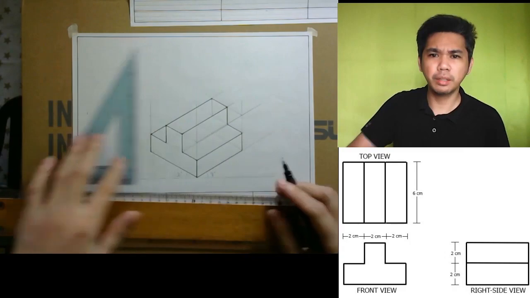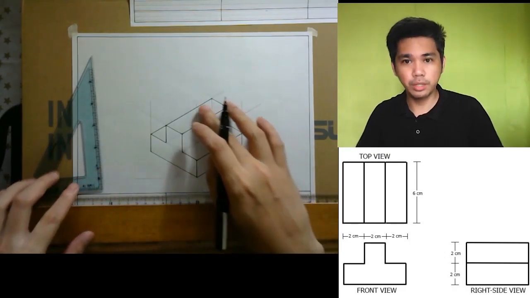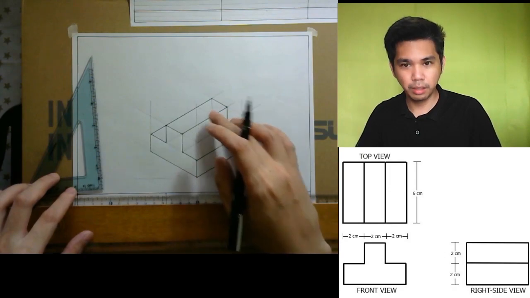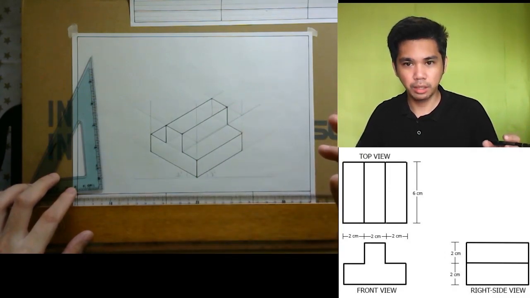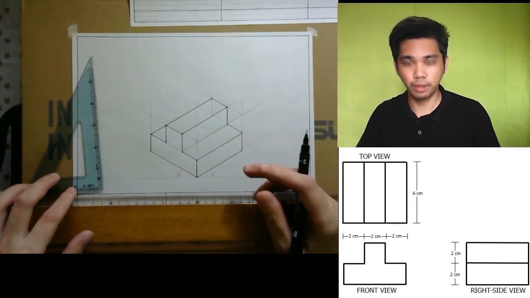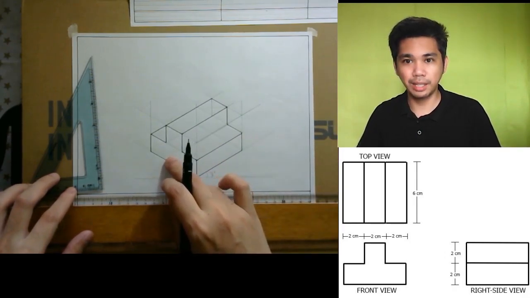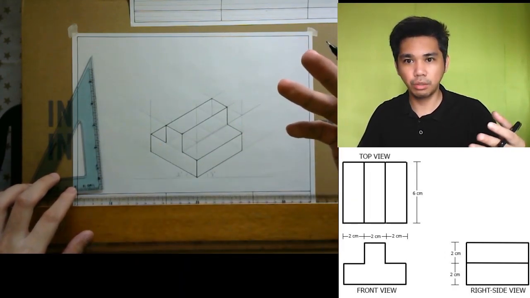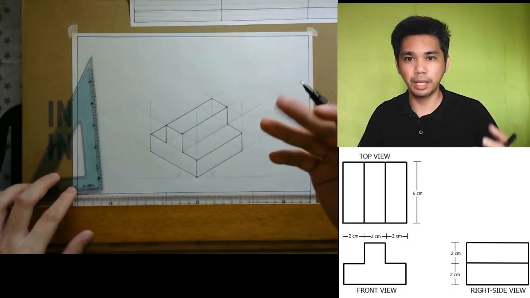And by the way, if you will notice on the back side, it looks almost the same as the front. Our front looks like an inverted T. So it is only logical that the back side should also look like an inverted T.